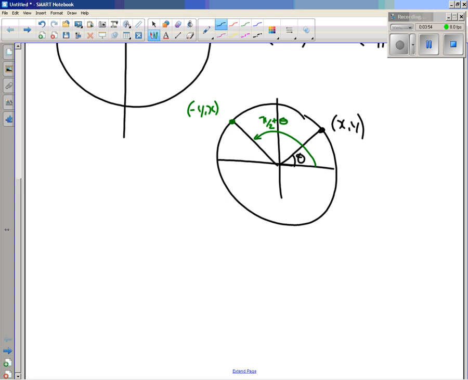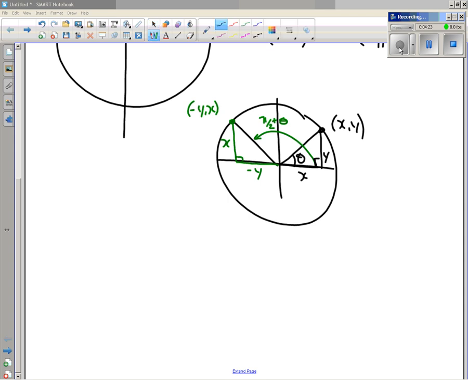So our first triangle in our first quadrant has x and y. The triangle in quadrant 2, the x value will be negative y, and the y value will be x. So we're going to use each of these two triangles separately to get our relations, and then we're going to compare them.